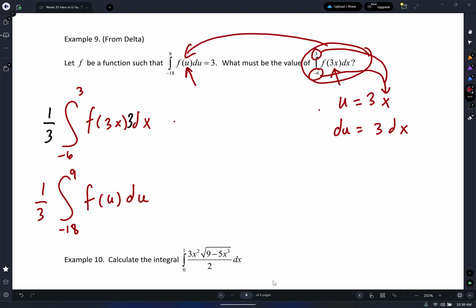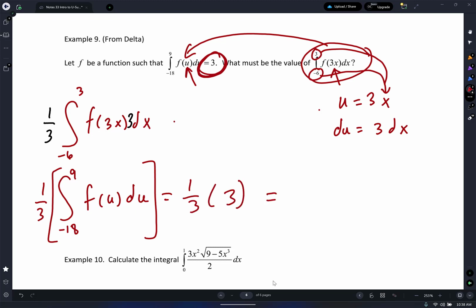Everything that I have in a bracket is just 3. So I'll just have 1/3 times 3. And what's 1/3 times 3? 1. So this expression here is nothing more than 1. There it is. That's what I wanted to say.